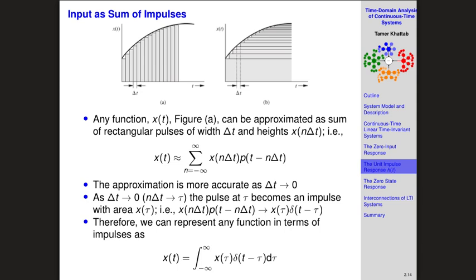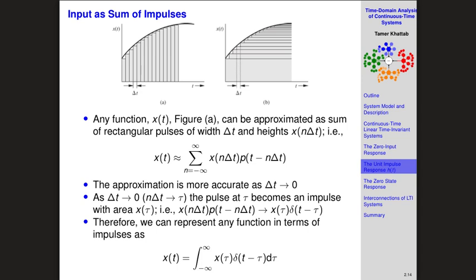That's the definition of an integral. And n delta t, rather than being a discrete variable, for example, if delta t is 1 microsecond, then it takes the values 1 microsecond, 2 microseconds, 3, 4, and so on. If you take delta t smaller and smaller, n delta t becomes a continuous variable in time. We call that tau.